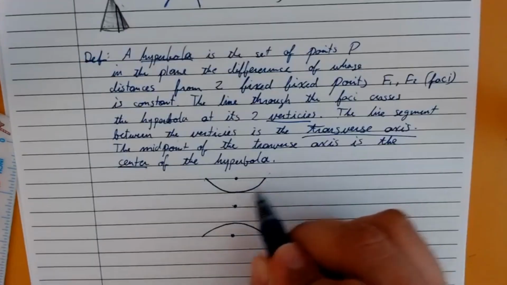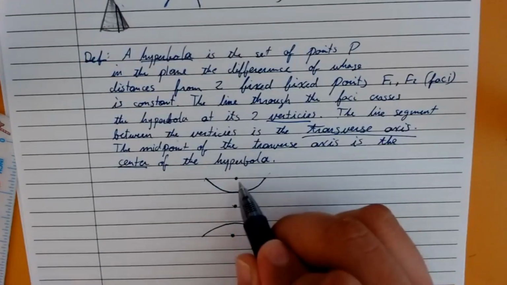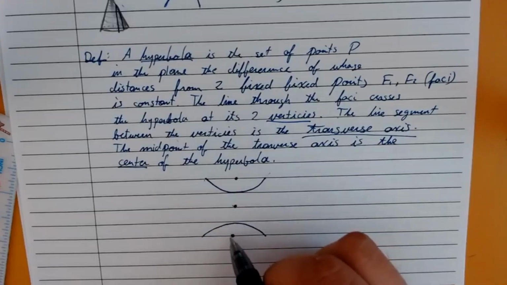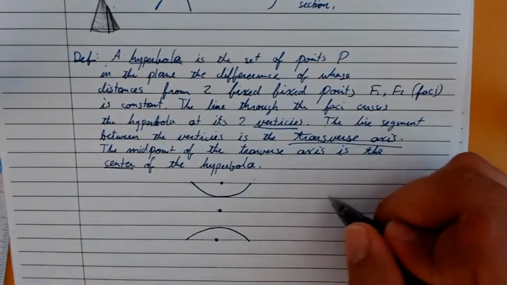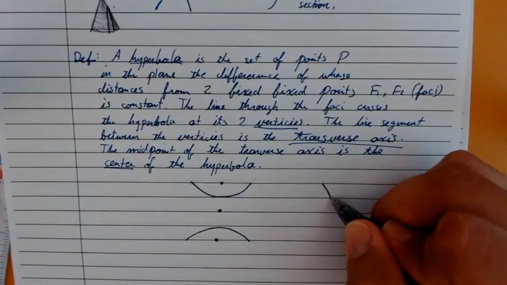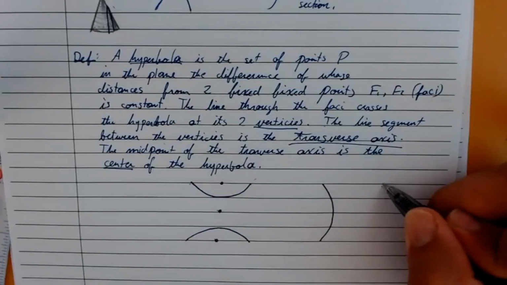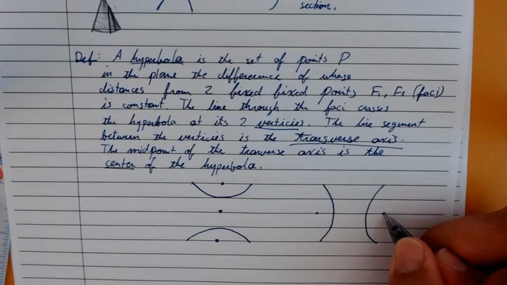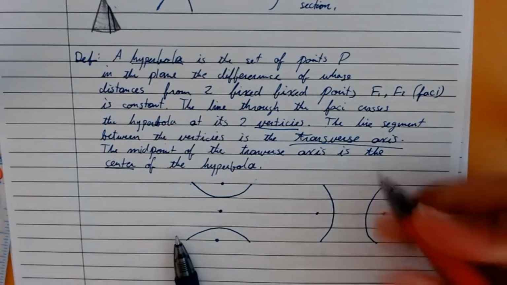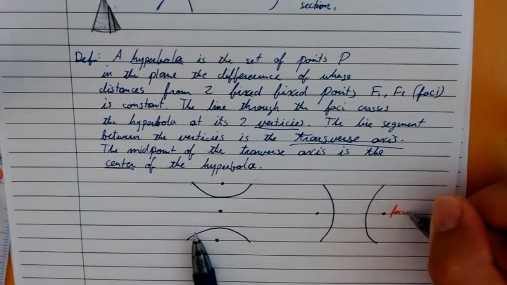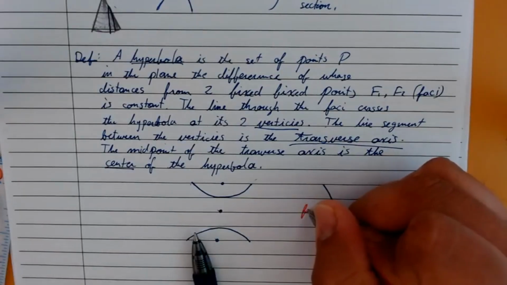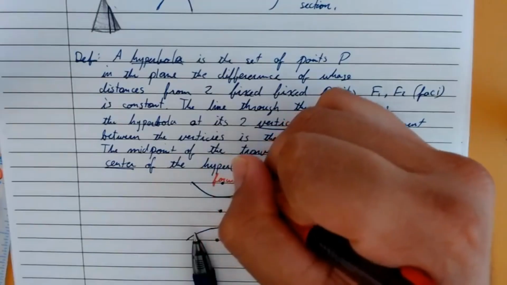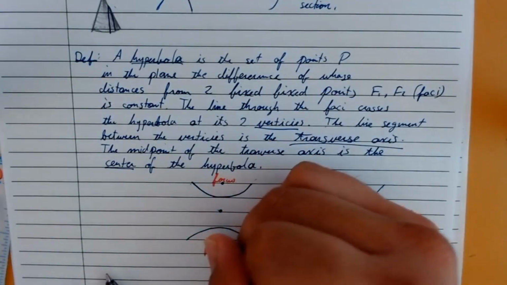So there'll be, if one of these is facing up, well then the focus will be above, and if one of them is facing down, then the focus will be down here. On the other hand, if you had a hyperbola where the cups sort of face left and right, well then your foci would also be to the left and to the right. So here, this is the focus, and so is this. Here, that would be the focus, and down here, so with that.